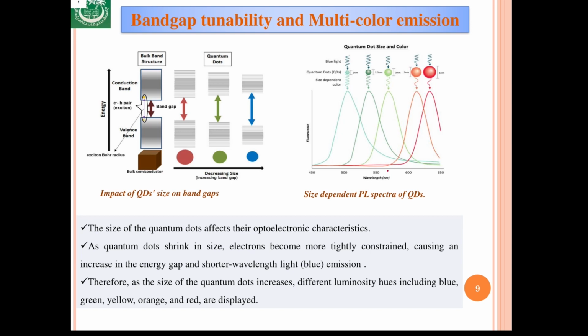As quantum dot size shrinks, the electron becomes more tightly constrained, causing an increase in the energy gap that leads to a decrease in the wavelength of the emission. So one can see that quantum dots of the same material can be used to emit different colors of light, by having different sizes of the quantum dots.